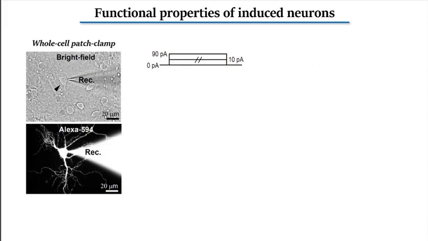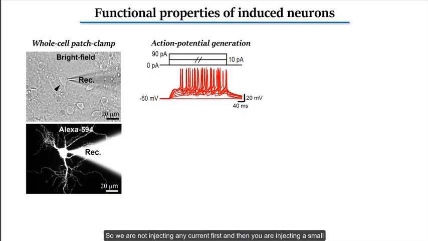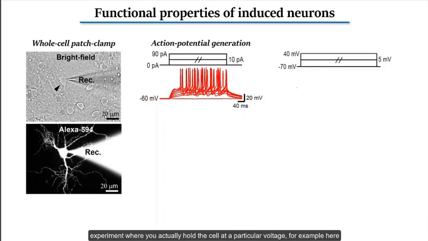Sorry, this is a current clamp experiment. So you are not injecting any current first, and then you are injecting small currents with a square pulse, and you can depolarize the cells, and the cells can fire beautiful action potentials, right?